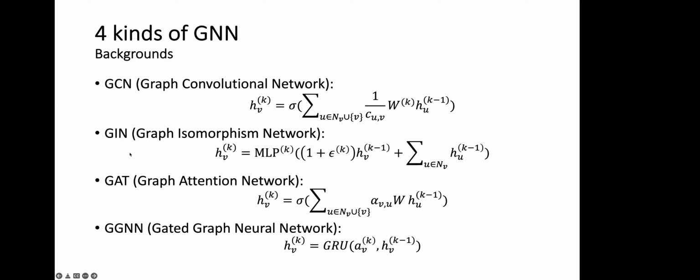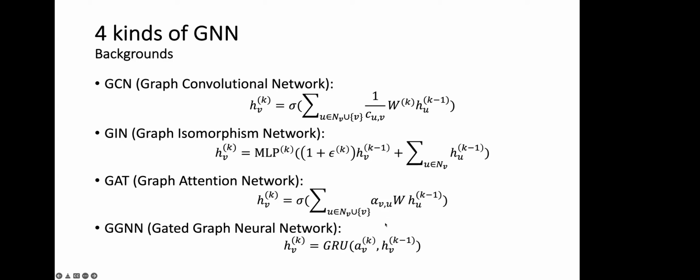And the second type of GNN is called GIN, which is graph isomorphism network. It just adds the node representations of all its neighbors and then adds itself multiplied by a coefficient, and then passes this value to an MLP layer. And the third one is the graph attention network.